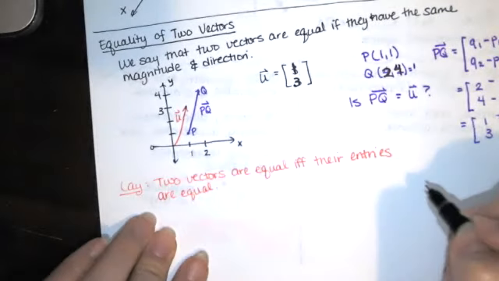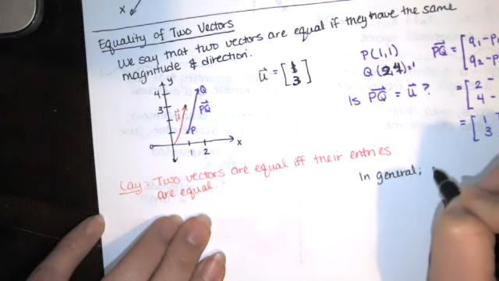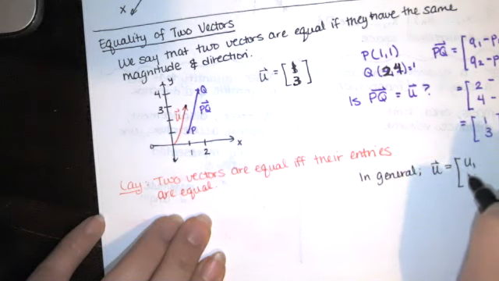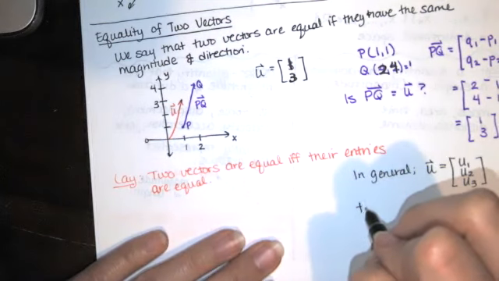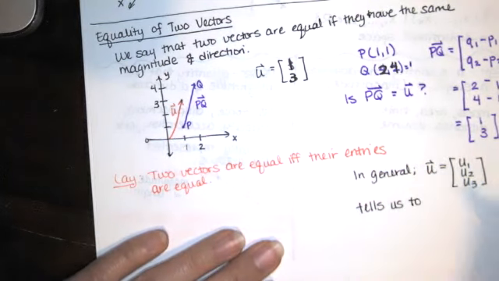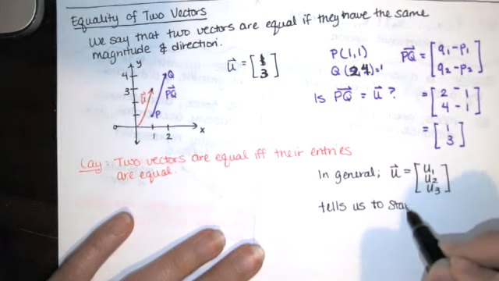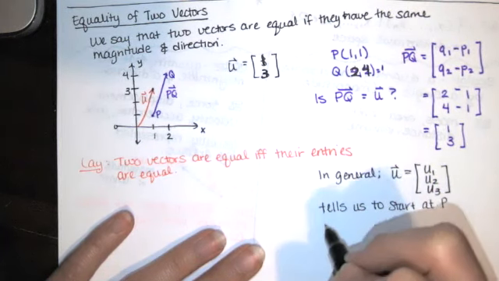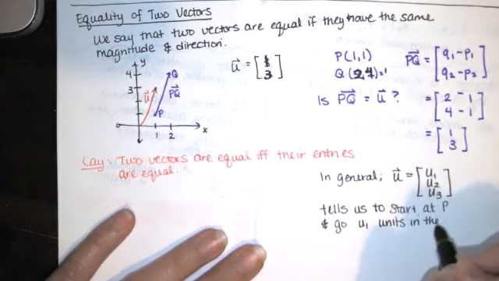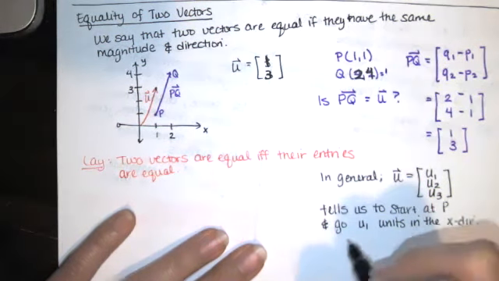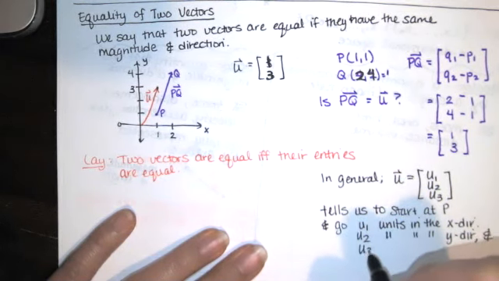So in general, if we have u, let's say we're in 3-dimensional space, but we could easily be in 2-dimensional space, this vector u tells us to start at a particular location and go u1 units in the x direction, u2 units in the y direction, and u3 units in the z direction.